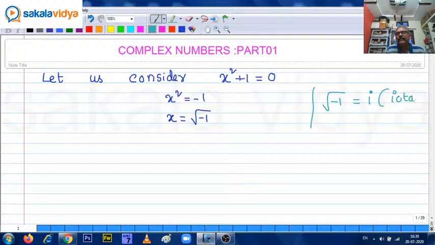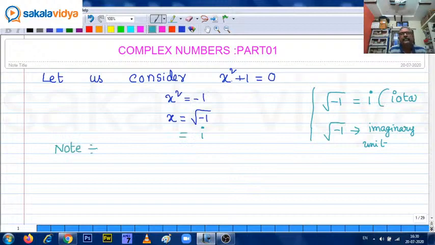Iota means imaginary; root of minus 1 is also called the imaginary unit. So now you can write x is equal to I. I is the imaginary number. So I is the root of this equation.